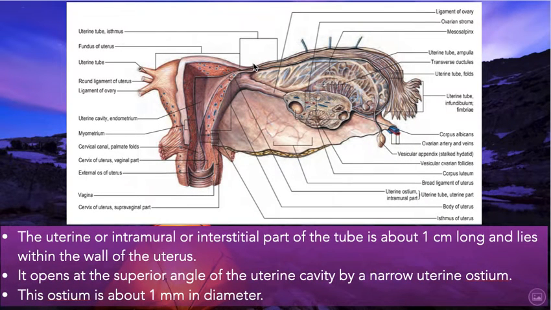The uterine or the intramural or the interstitial part of the tube is about 1 centimeter long and lies within the wall of the uterus. It opens at the superior angle of the uterine cavity by a narrow uterine ostium. This ostium is about 1 millimeter in diameter.